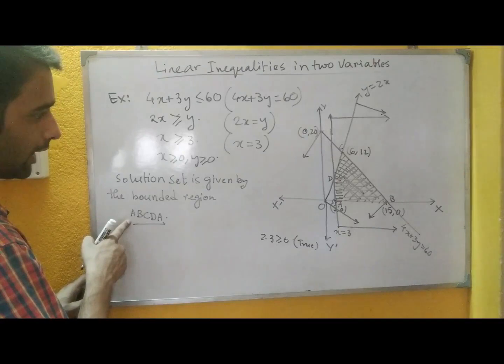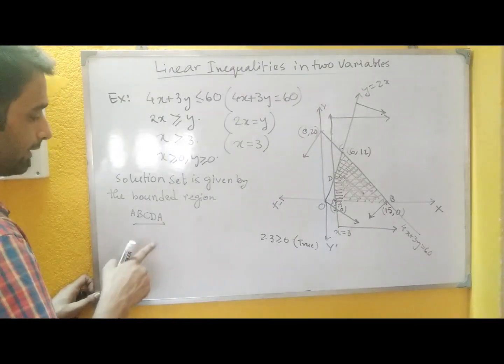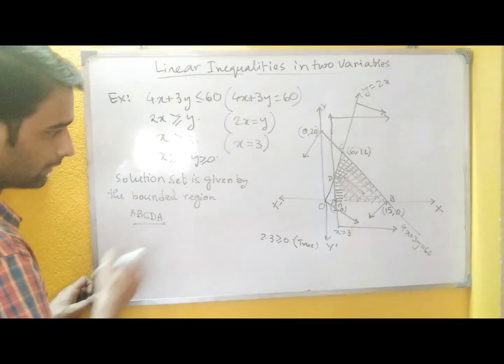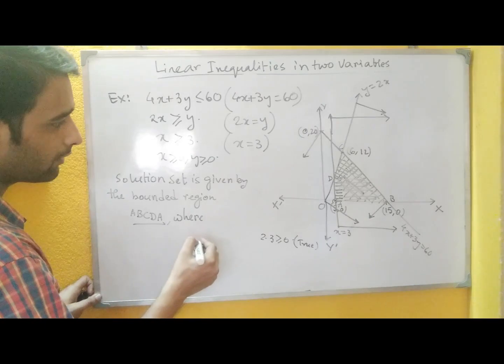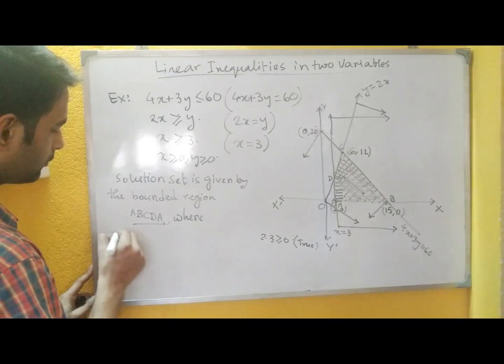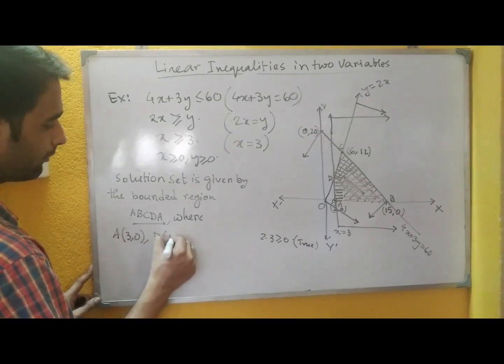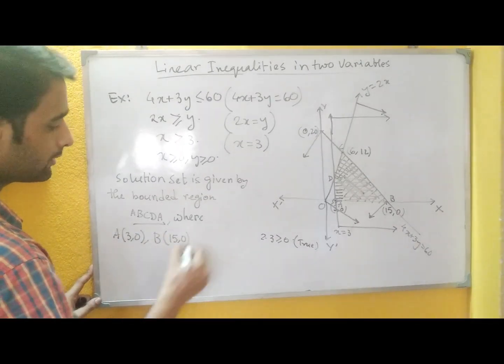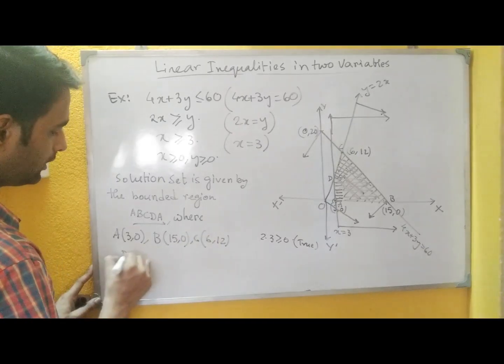The point we start with, we have to end at that point again. So A, B, C, D, A, where we also have to give the coordinates of the points. So A is the point 3, 0, B is the point 15, 0, C is the point 6, 12. D is the point.